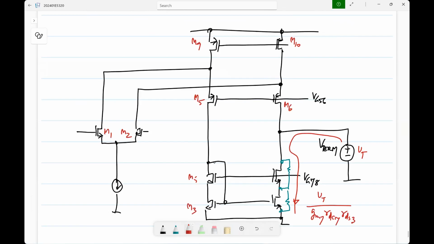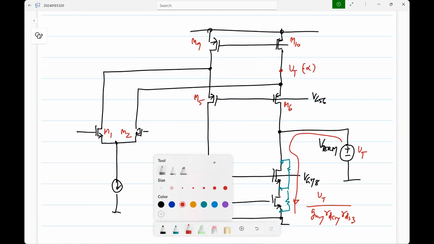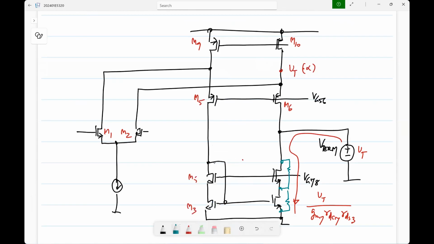This is somewhat confusing, but essentially if you have Vt here, you get Vt times some number, let's say alpha, at this node. So the effect of that is, if I'm not mistaken, let us say M1 and M2 had infinite output resistance, just for argument.